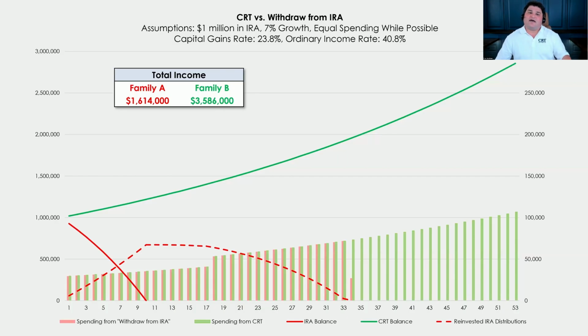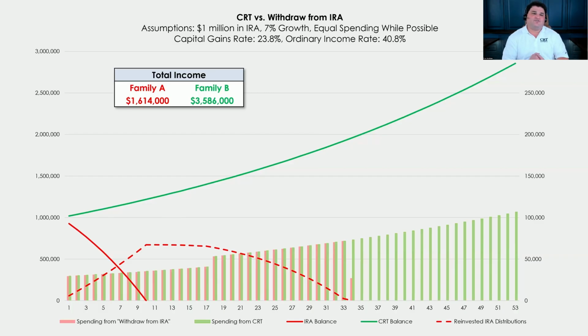Those are the vertical red lines. As you can see, eventually under the withdraw-from-IRA scenario, the money is all gone, but the income from the CRT continues to grow. Ultimately, we're getting more than double the amount of income using the CRT to replace the stretch.